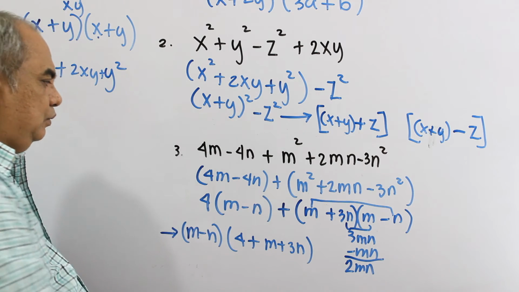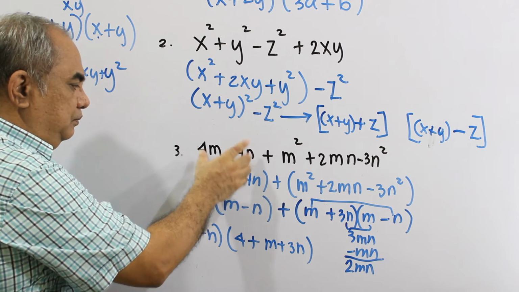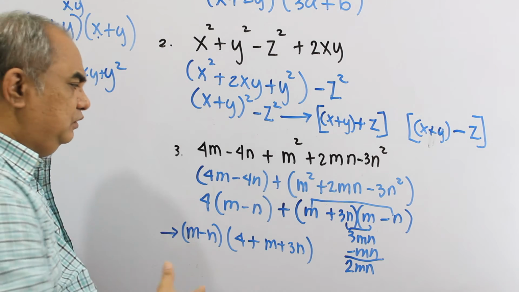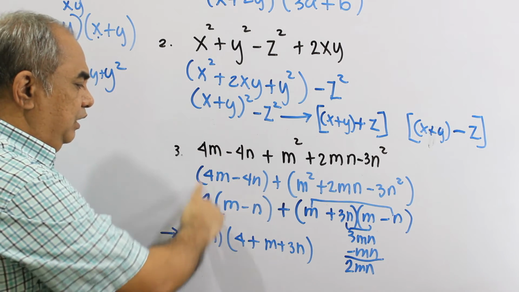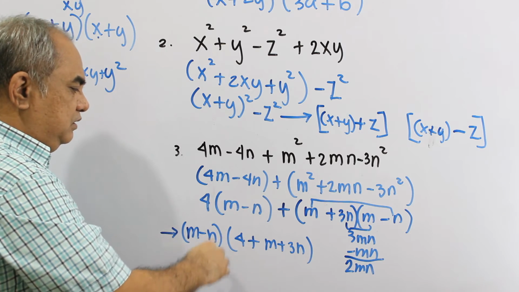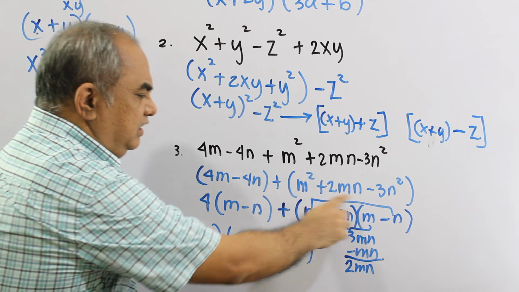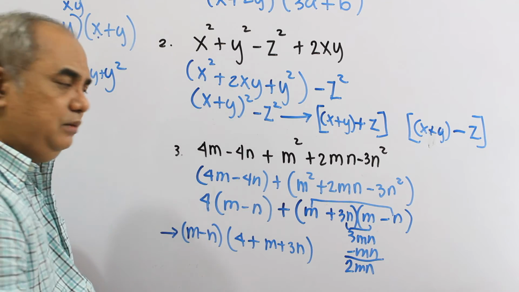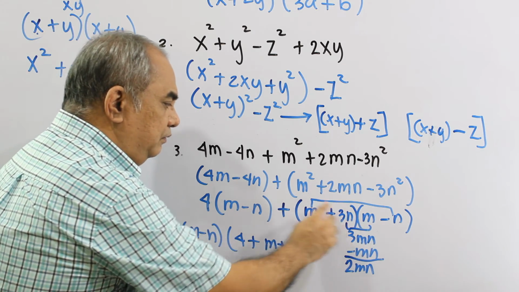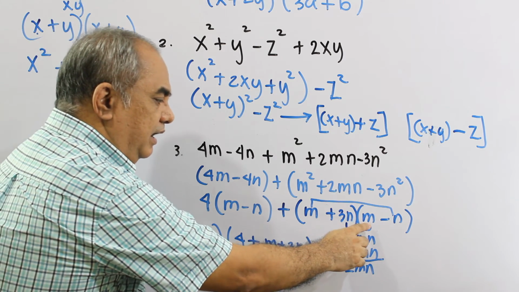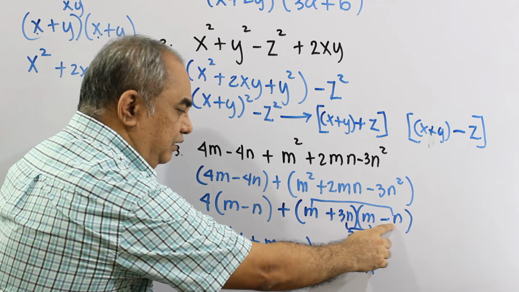Just notice that when we group these two terms and these two terms, we tried our best to factor this further. By observation, or by ocular inspection, we know that this can be factored using common monomial. And this is a little bit challenging, but still we were able to get the factored form for this trinomial. And the answer is m plus 3n multiplied by m minus n.